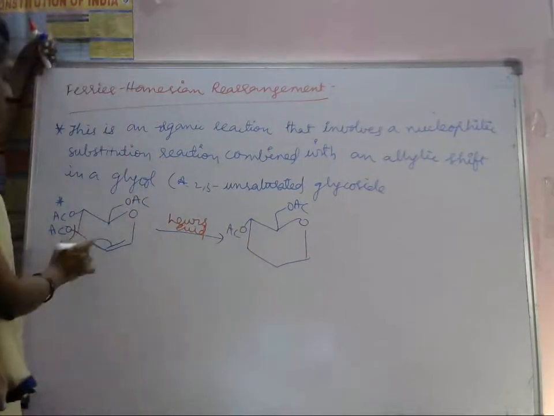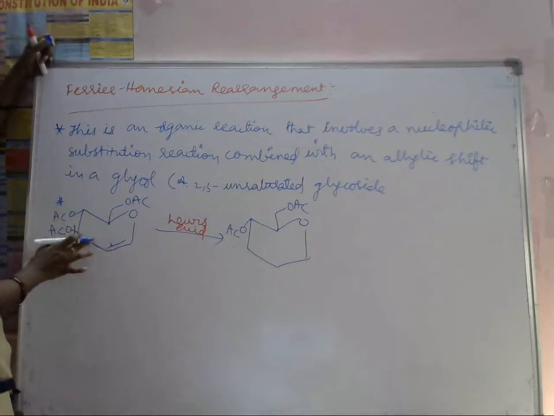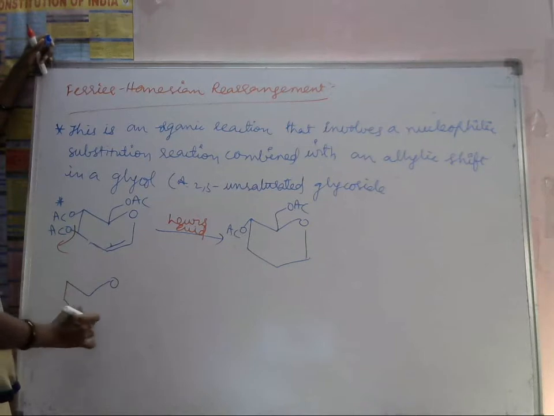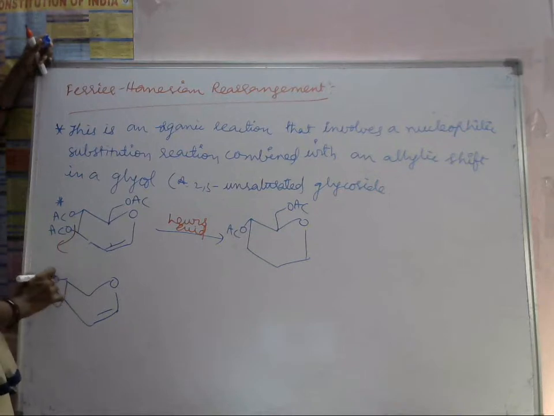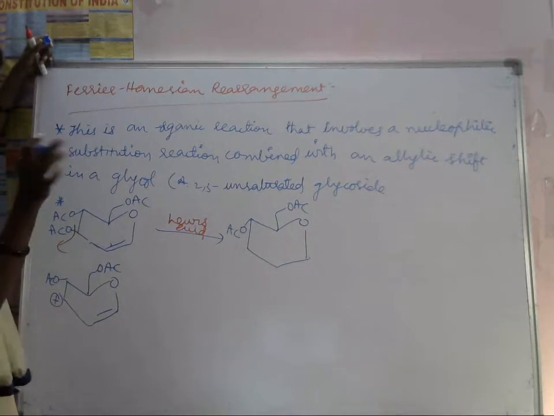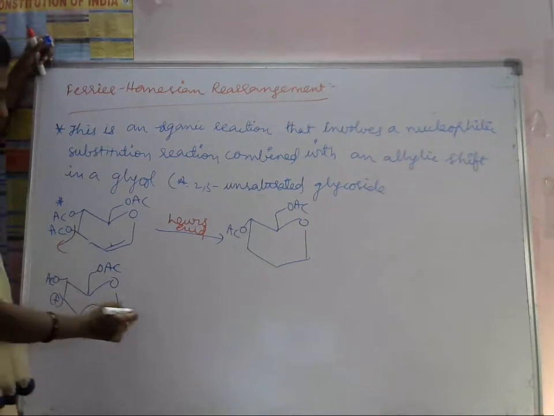Just for your understanding I am explaining here. Actually we have to remove this one, and it gets the positive charge. If you remove this group, this double bond will be shifted here.